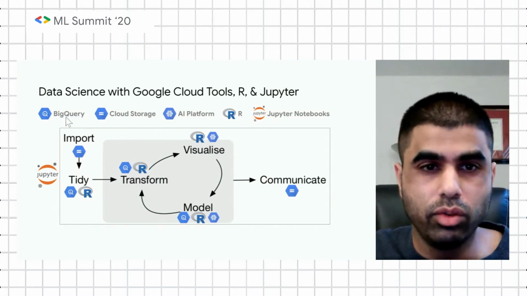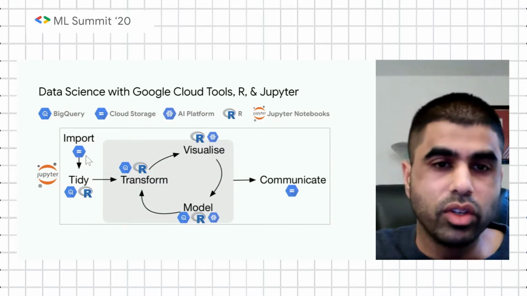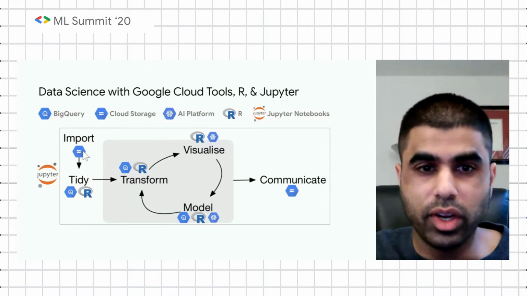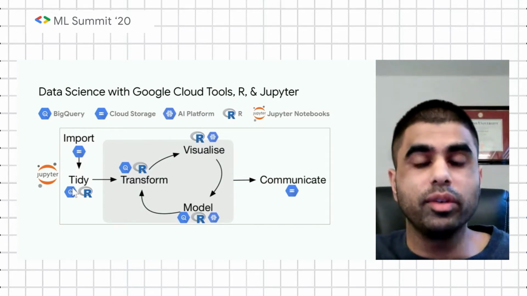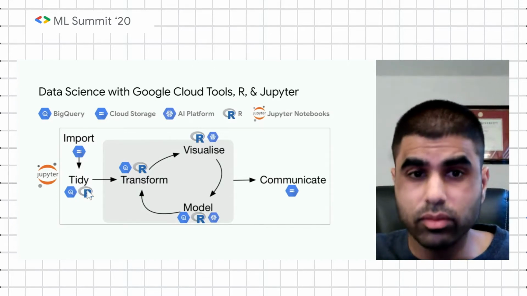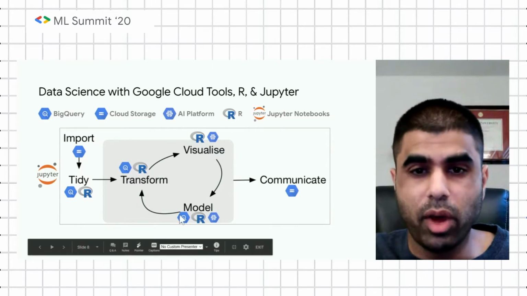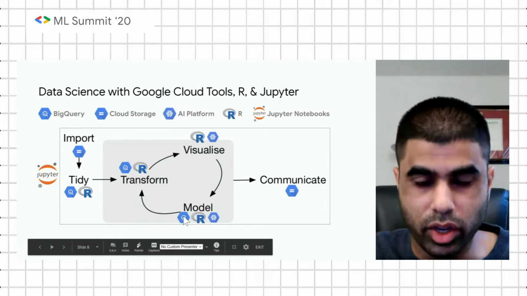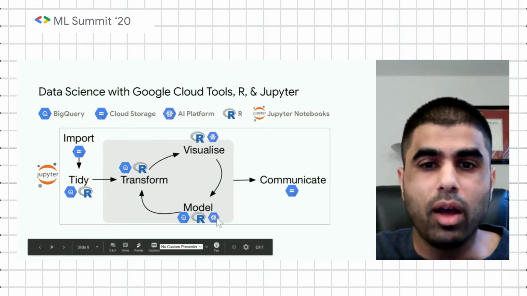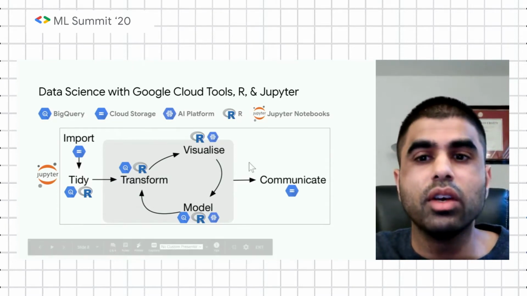How do these different tools map to that data science process we were talking about? Cloud Storage is a good place to store data, so you might import from there. You can do tidying in BigQuery or in R. Same thing with transformation of data. Same thing actually with modeling. BigQuery has some modeling that's outside the scope of this talk, but we can talk about this. And then AI Platform is also used for modeling, and for visualization and communication.